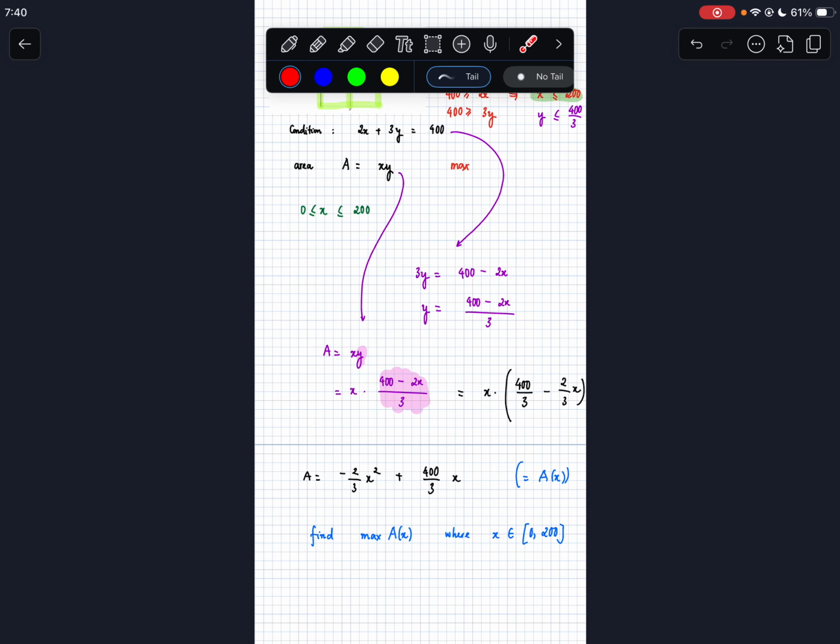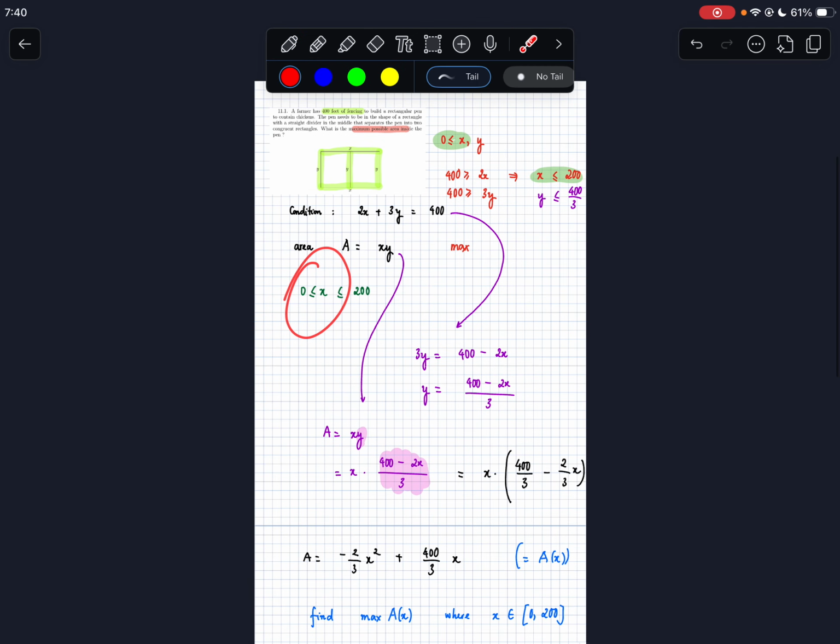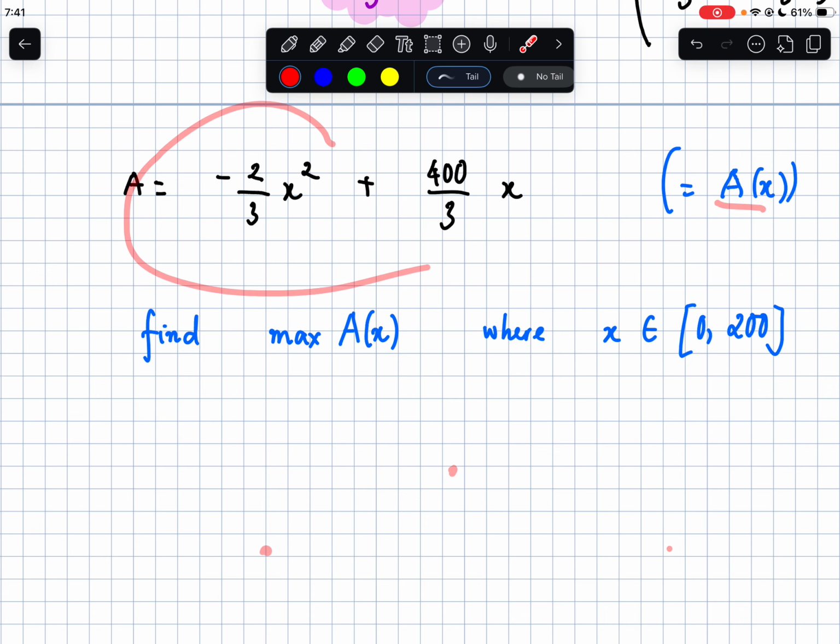And you see that of course x cannot be 0, or y cannot be 0, because otherwise this one is not a pen anymore. It's not a rectangle anymore. So now all we need to do is compute the critical points. This is a nice function. You compute A prime of x, you get the critical points, you compare with the endpoints if necessary.